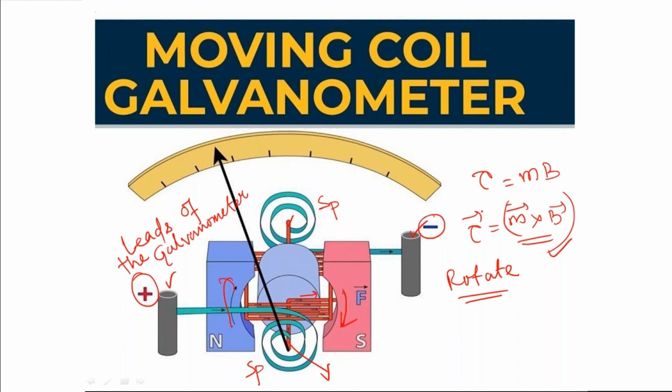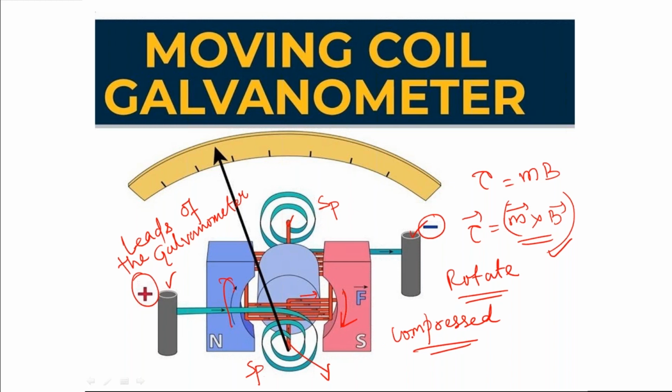So you can understand that the torque experienced by this coil is making the coil rotate, and in such a case, when the coil tries to rotate, look, these springs are there which will be compressed, right?